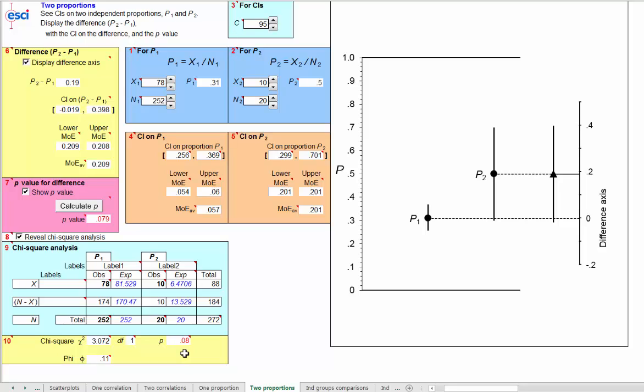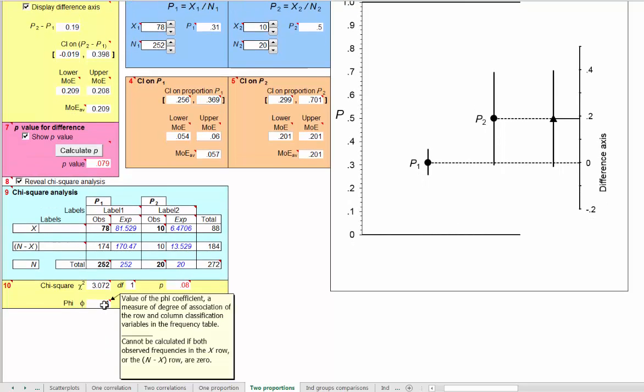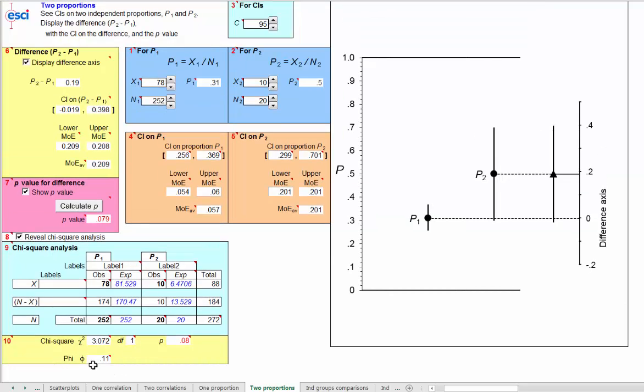There is an effect size measure for the degree of association in this 2x2 frequency table, and it's Greek phi, which is a measure of degree of association which can take values from 0 up to 1. And there's a little bit about it in this pop-out. And here we've got a value of phi of 0.11, which is very small, and so we've got a very small degree of association in this table.